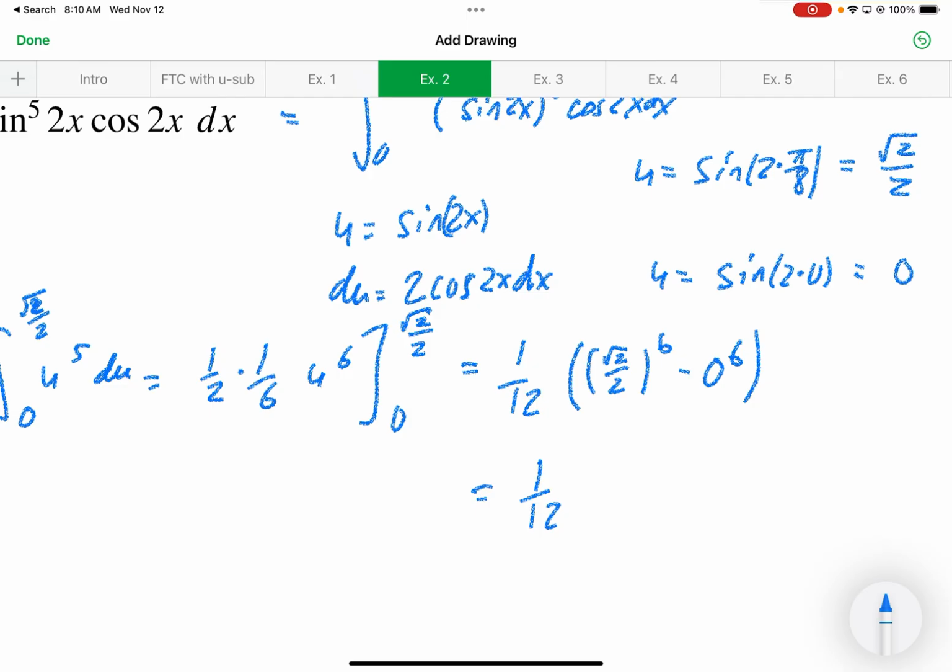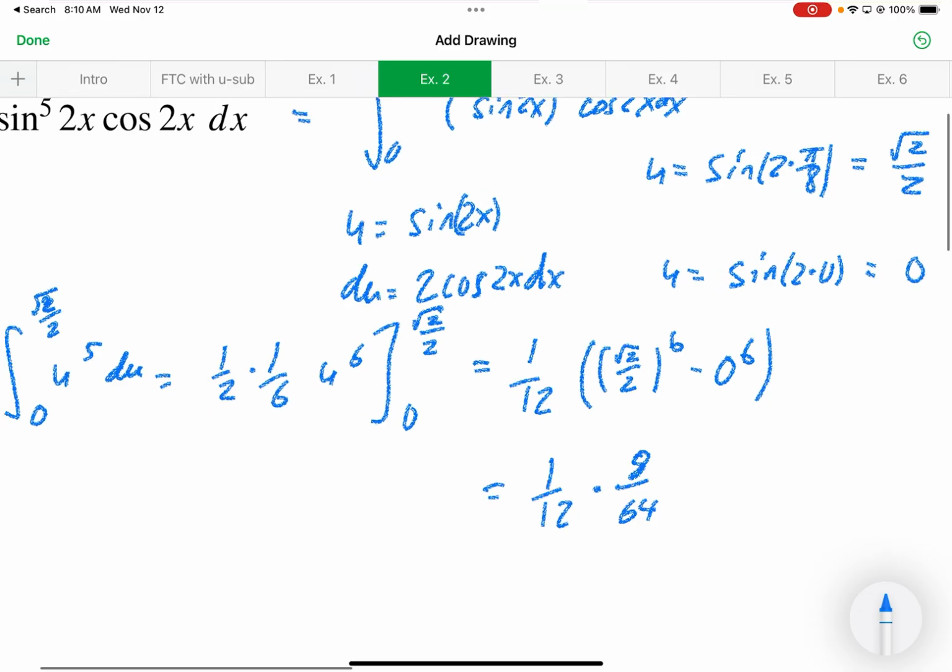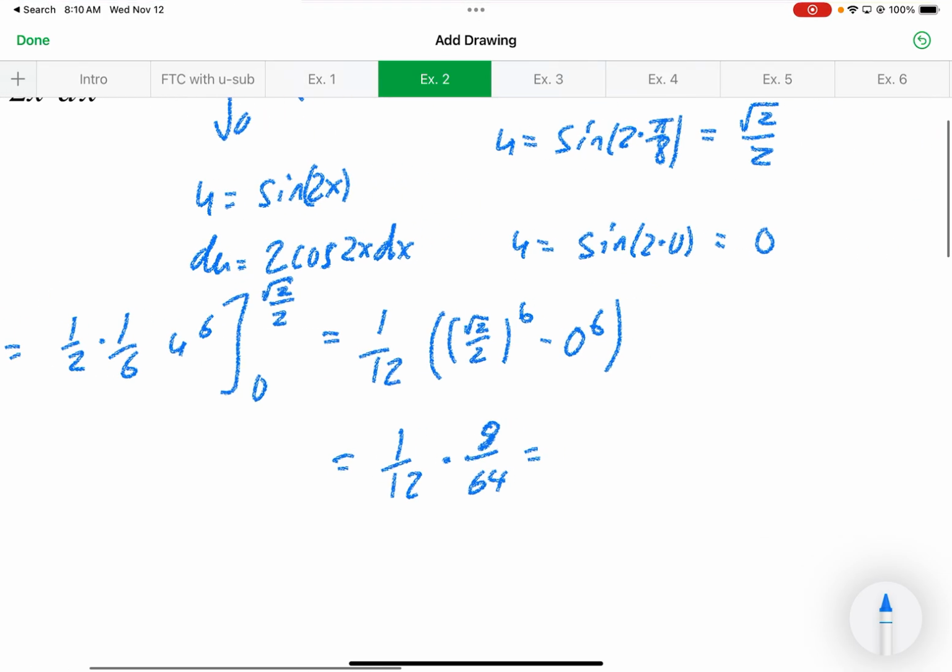All right, so 1/12. Square root of 2 to the 6th would be 2 cubed, so it'd be 8. And 2 to the 6 is 64. So 8 over 64. So a 12th times an 8th. So 1 over 96, 96th.